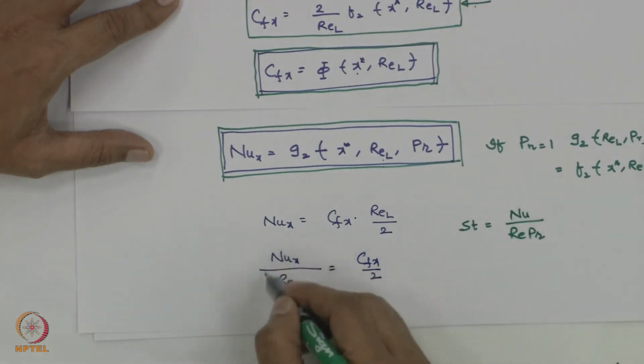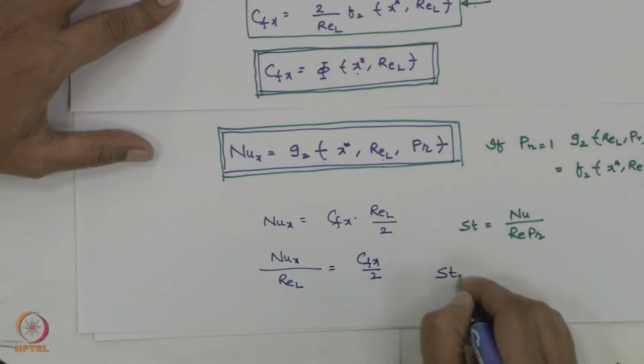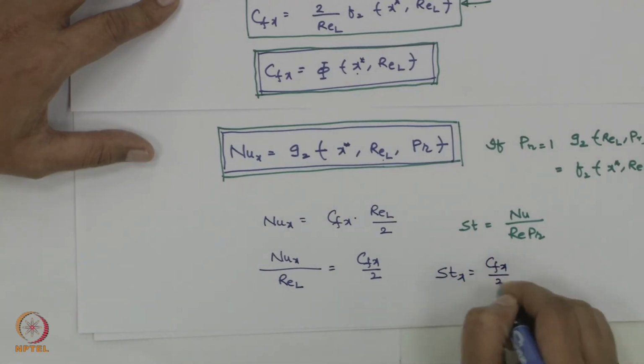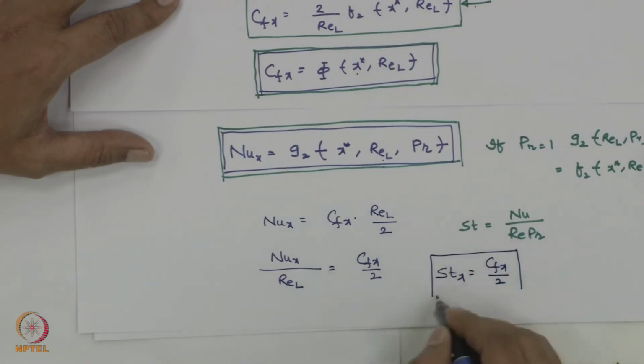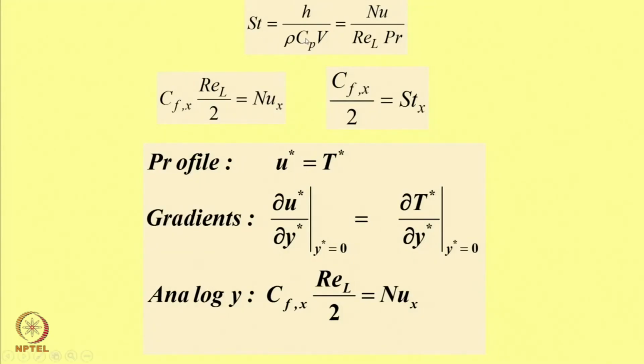Here this can be considered as Stanton number because Pr I have taken as 1. So, I get Stanton number St x equal to Cfx by 2. So, Cfx into ReL by 2 is equal to Nu x. That is, Cfx by 2 is equal to Stanton number.